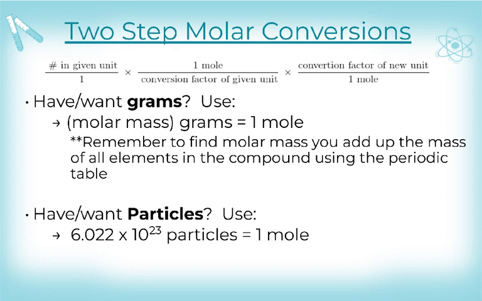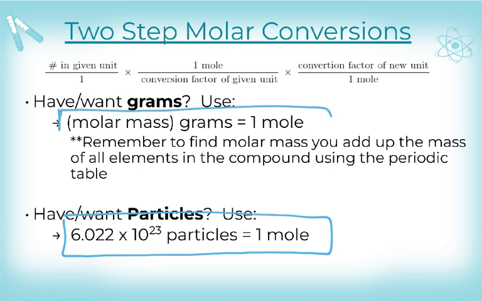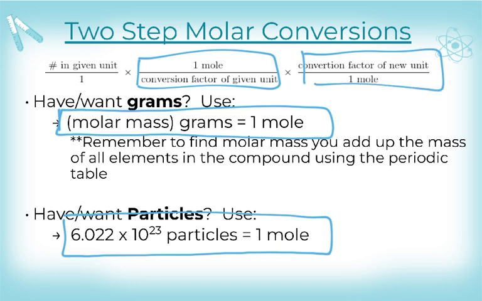And if we have or want particles, we're using that 6.022 times 10 to the 23rd particles equals 1 mole as our conversion factor. So these are the two conversion factors we've talked about previously, and we're going to use those. It's just that we're going to have two conversion factors in our setup, 1, 2, instead of just 1.